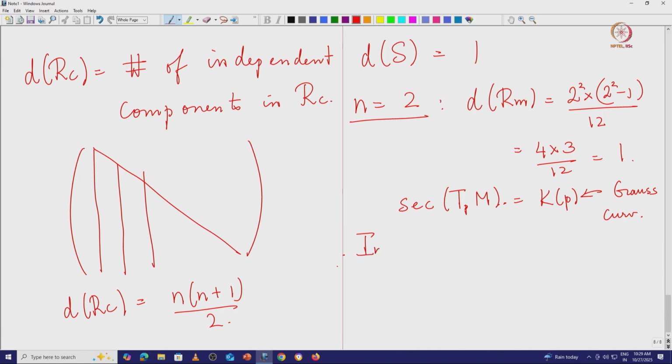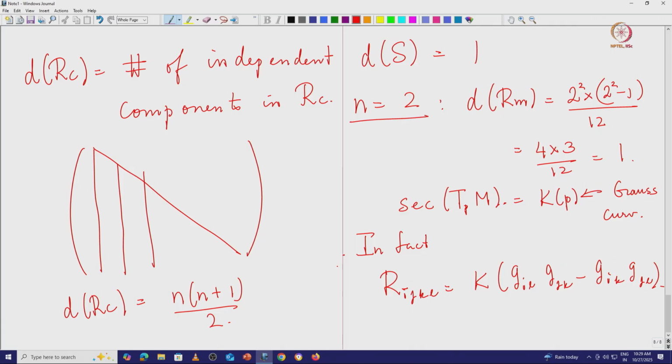In fact in dimension 2 one can just check that Rm is simply given by k times (g_il g_jk minus g_ik g_jl), okay.